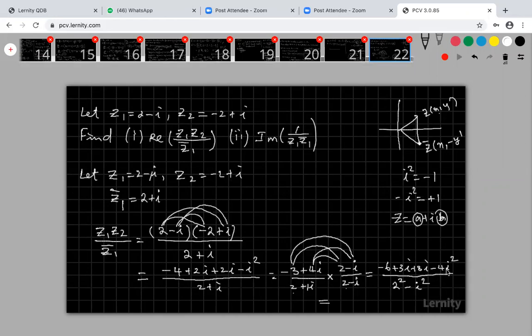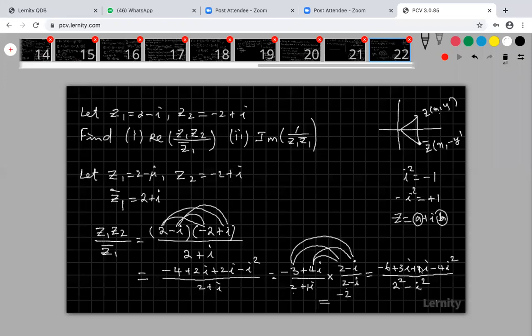Are you okay? So minus 6. This is actually plus 4 because my minus i square is minus 1. It is plus 4. So therefore the answer is minus 2.